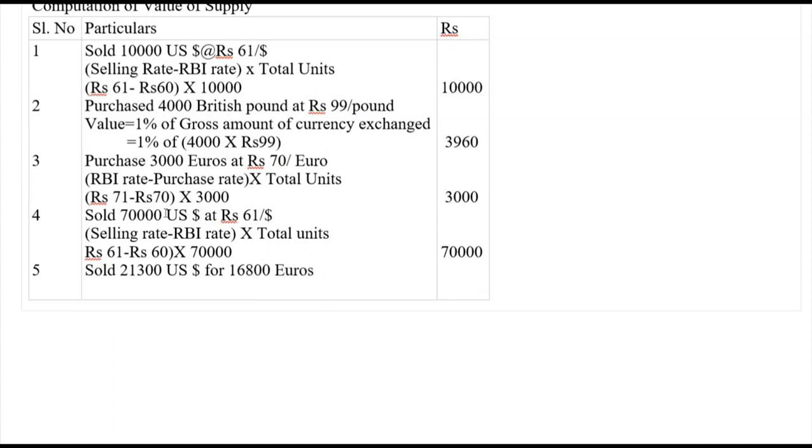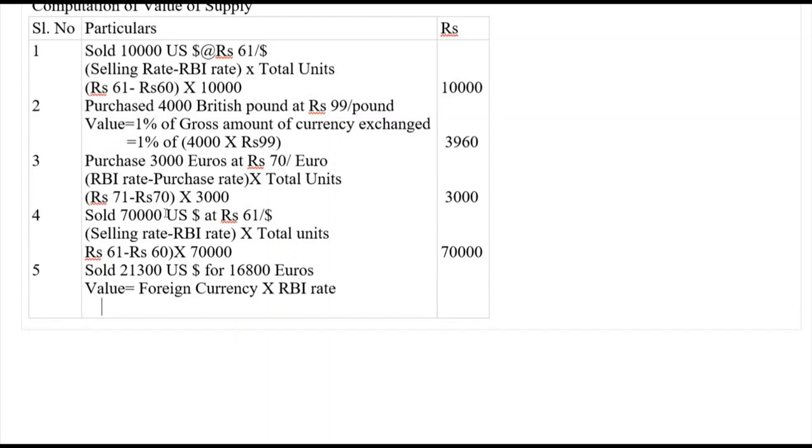In such cases, the value equals foreign currency multiplied by the RBI rate. We should take this for both currencies, and whichever is less we should take here.